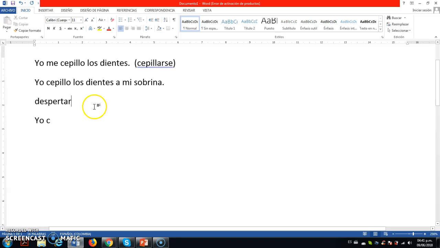You will take out AR, so it will be yo desperto, because you will use O with yo, but you have to keep in mind that you have to replace E by these two vowels, so it will be yo despierto. Okay? With tú it will be despiertas.